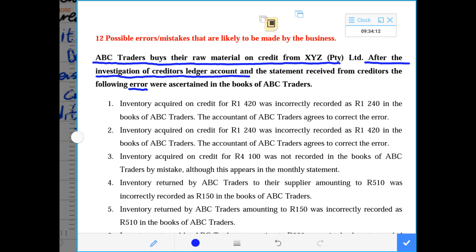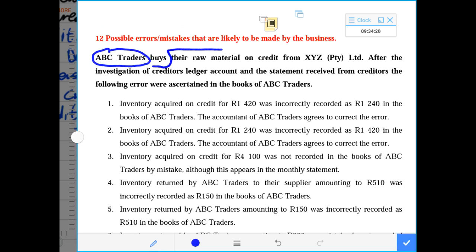So these are the errors that were identified. Please note that ABC Traders buys their inventory from XYZ Pty Ltd, so XYZ Pty Ltd becomes our creditor, whom we buy inventory on credit from.